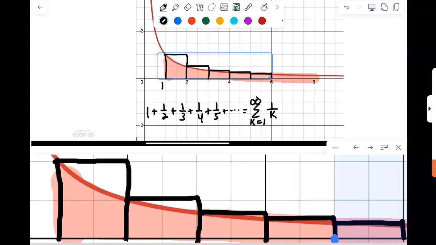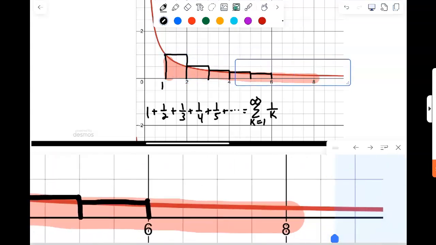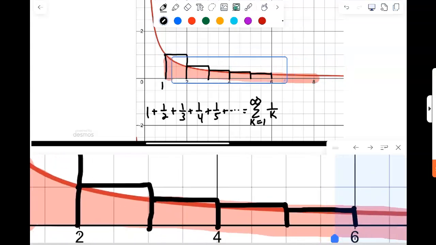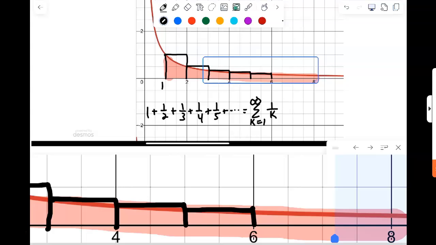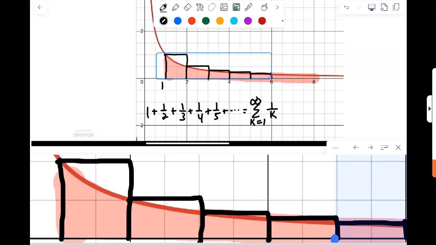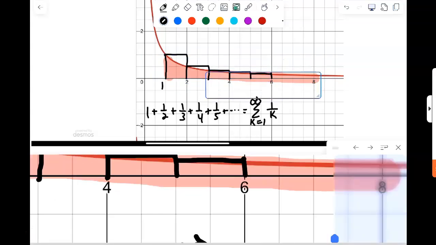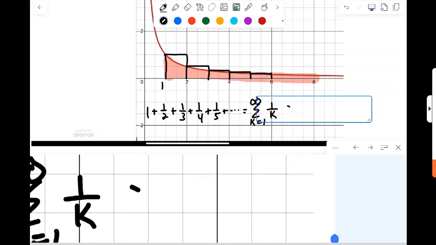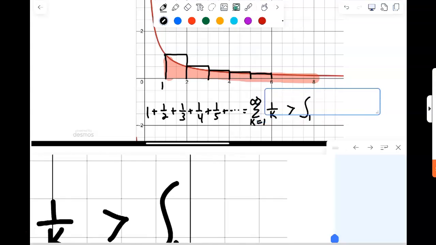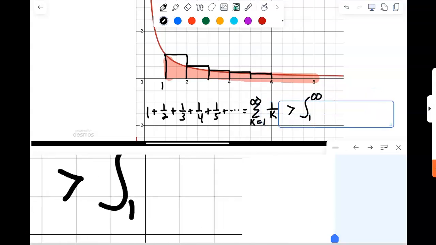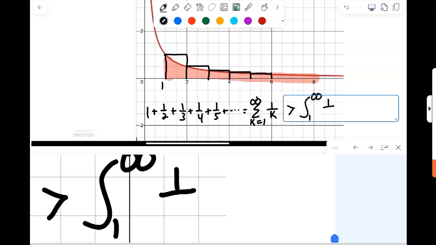Now, based on how I've set up the rectangles, every one of those rectangles is going to have an area that is slightly more than the area under the graph. So we can say with full confidence that this thing is greater than the improper integral from 1 to infinity of 1 over x dx.